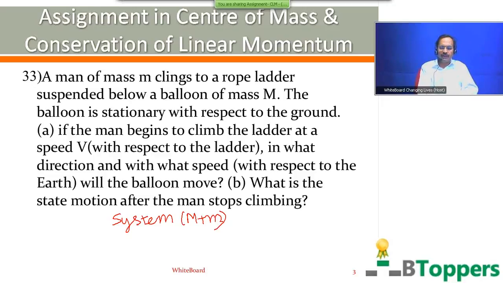That means you may assume that the total weight of the system is balanced by the upward force of buoyancy. Due to the large size of the balloon, it displaces a large amount of air, due to which it experiences a force of buoyancy in the upward direction. So the total weight of the system of the man and the balloon is balanced by the upward force of buoyancy. Therefore, we can say that the net external force on the system is 0.